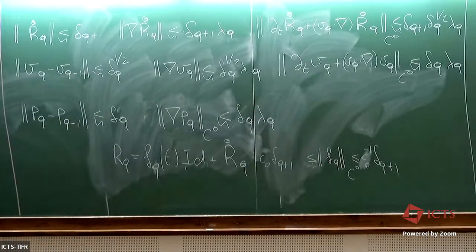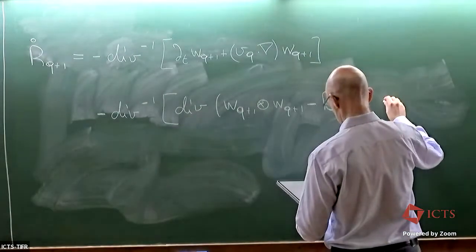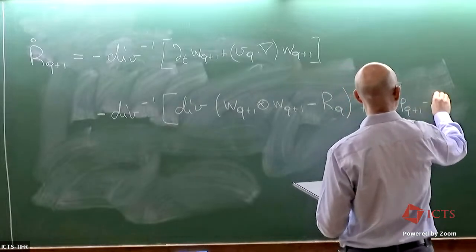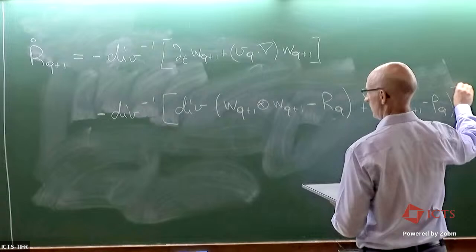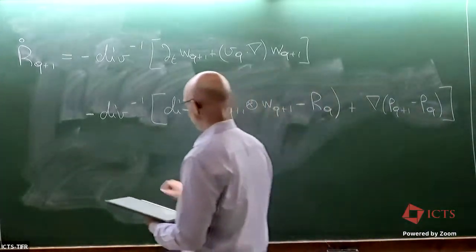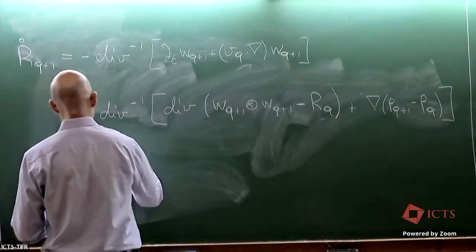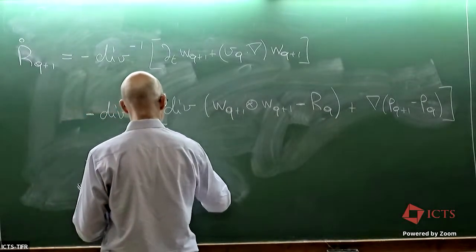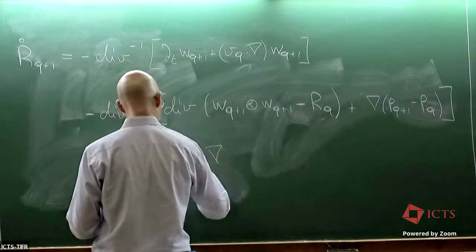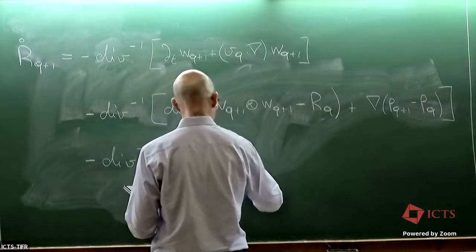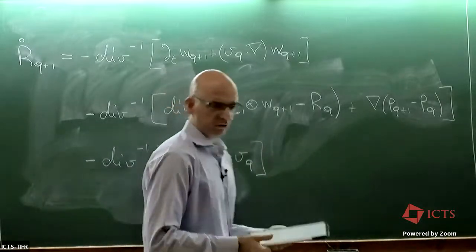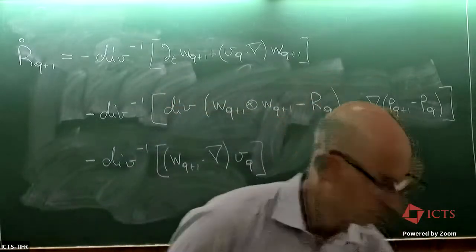Okay, so there's this guy, and then there is the gradient of PQ plus 1 minus PQ. And then there is this guy. Okay, so this is what we call the Nash error.